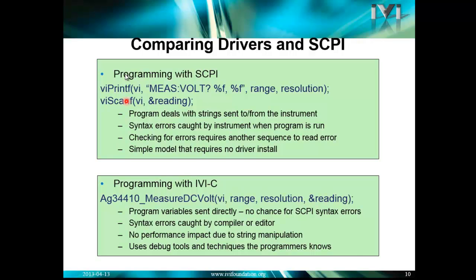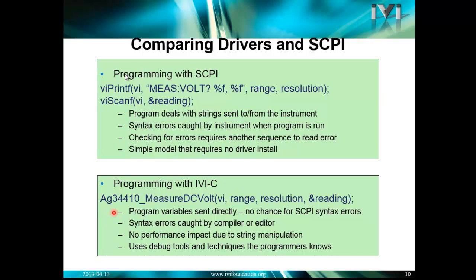It was one more line of code for SCPI, but that's hardly something that a professional programmer is going to find daunting. I think the real differences here are more what's described here, and that is, in this case, from the perspective of the program, we're sending those program variables directly to the instrument.